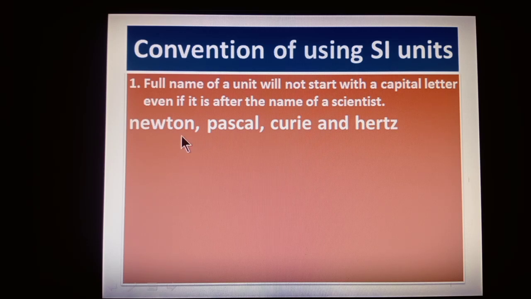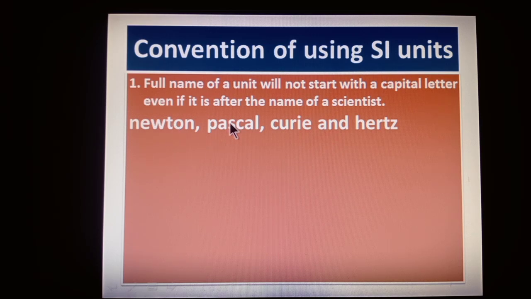The unit of force is newton, and if I write the full name of the unit of force with capital N, it will be confused with the name of the person Newton, who was a scientist. Therefore, I should write it with small n to make it clear that I am talking about the unit of force, not the person.